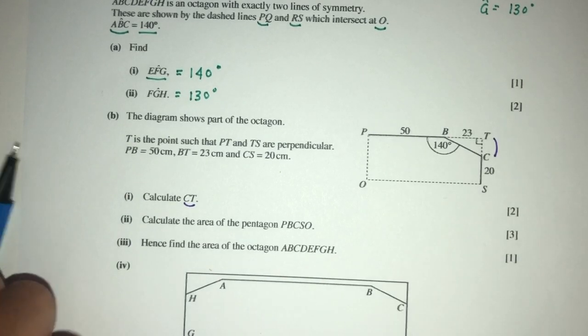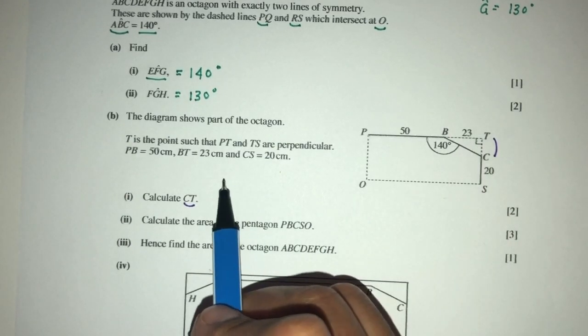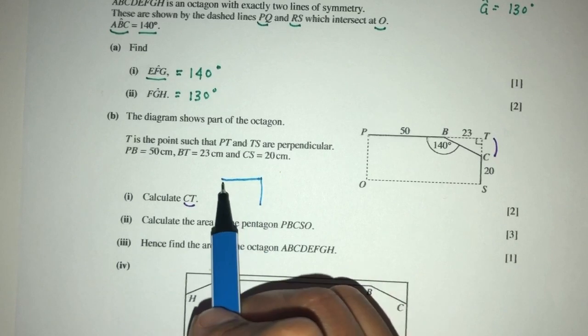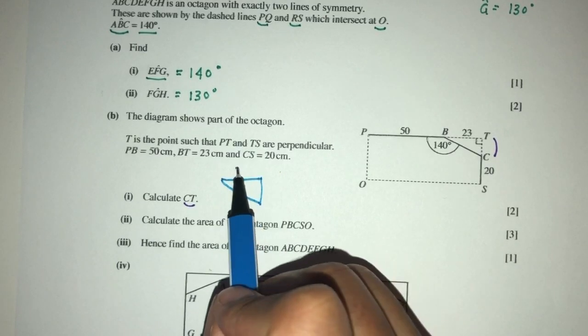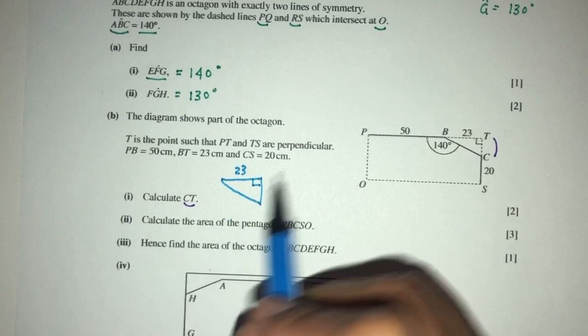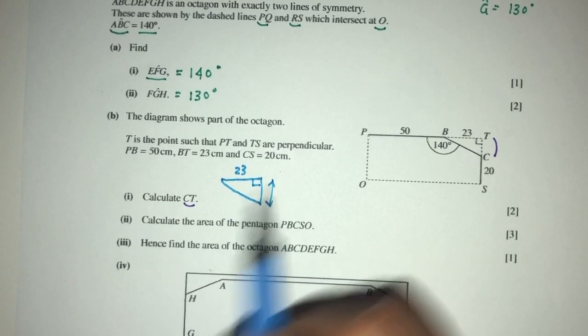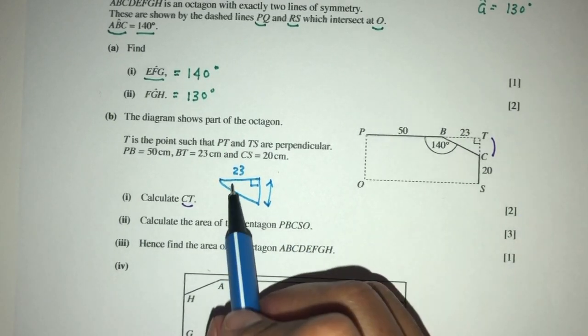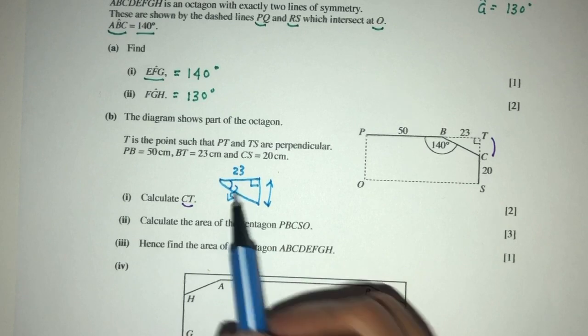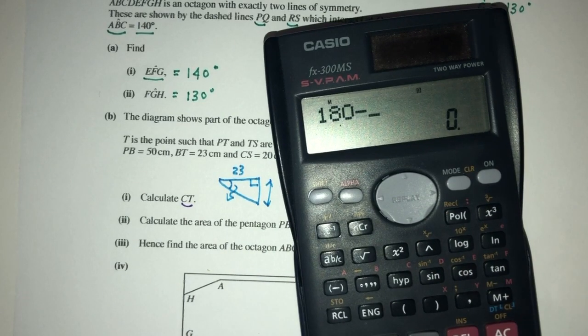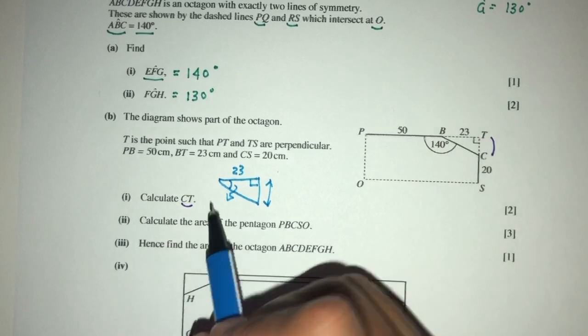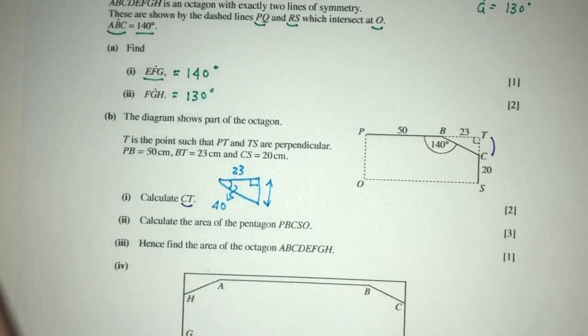So pretty easy. If you take out this triangle BTC, this side is 23, this is 90, and we're trying to find this one. Something we can derive is the size of this angle. That will be 180 minus 140, which is 40. Now we have a right angle triangle, so we can use SOHCAHTOA.